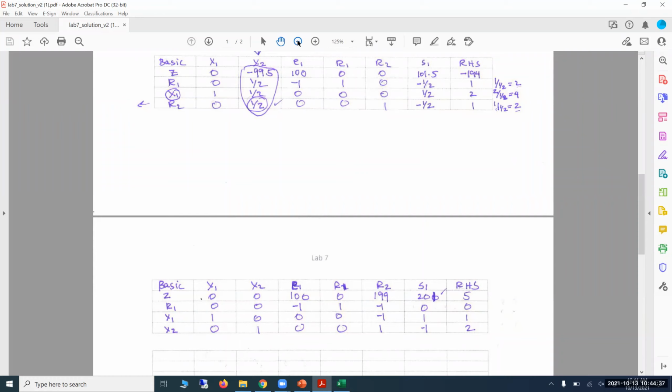Oh, because you entered R1 instead of R2, right? Should be getting the same solution anyways. So this is the same tableau, right? 99.5, 1/2, -1, yeah.